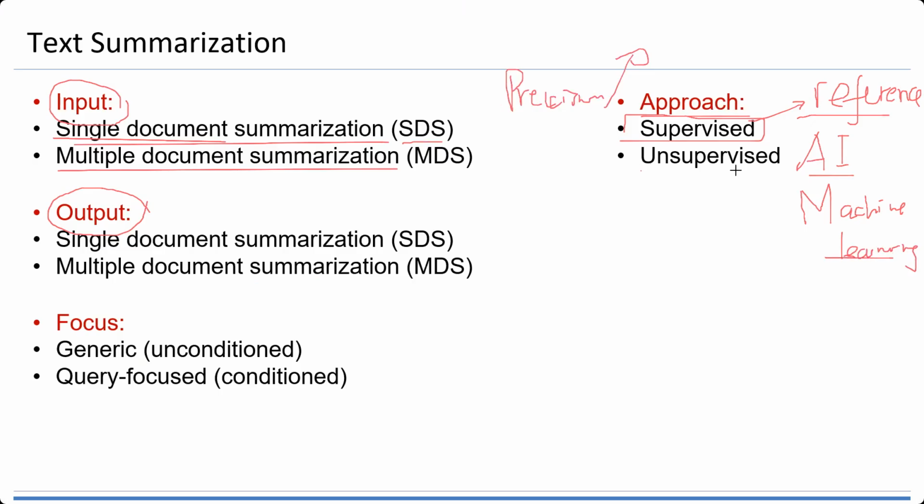Or in the other kind of approach, we can use unsupervised learning. If it is unsupervised, it means I do not know the context or the key point of the document. Then you can do some kind of clustering. You can check based on TF-IDF, so what is the most important word in the sentence, and so on.